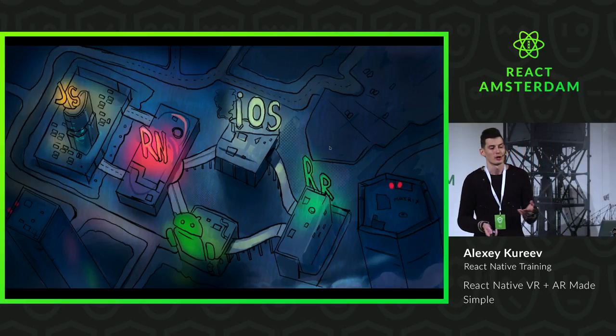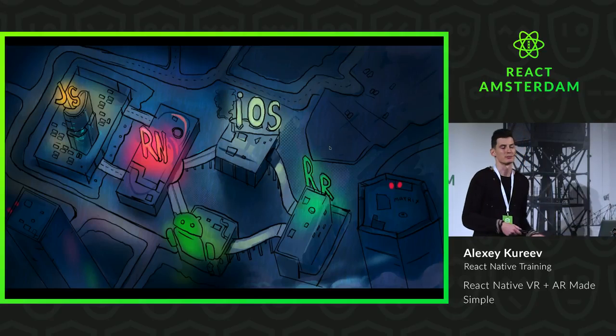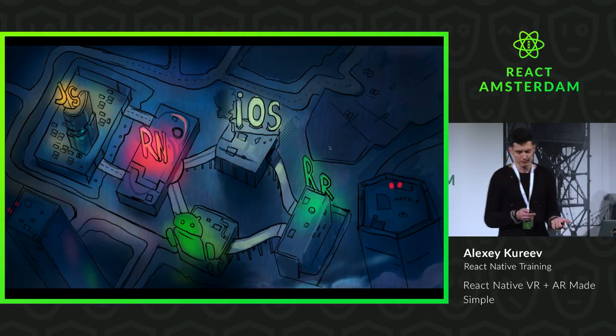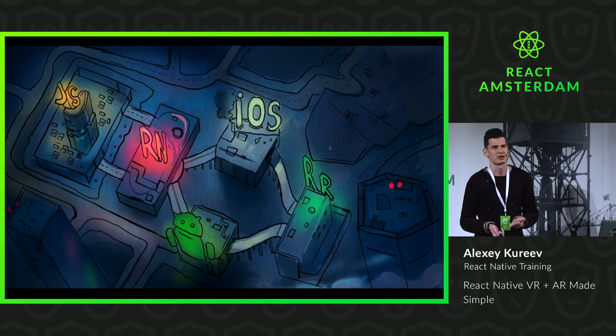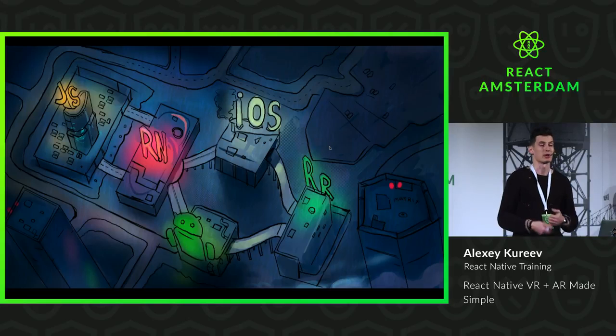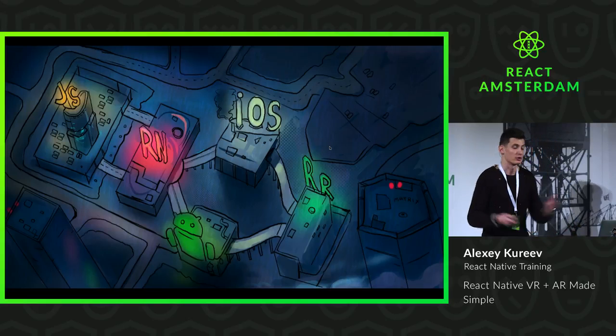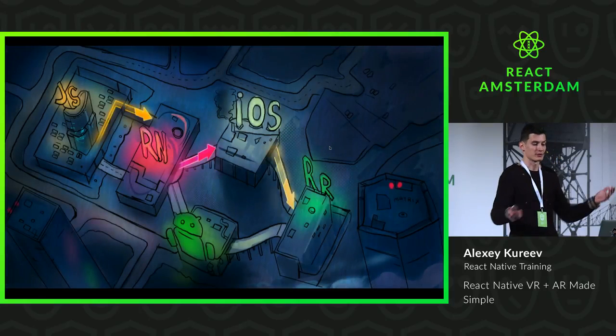For instance, XMLHttpRequest uses NSURLSession on iOS and the OkHttp library on Android. For WebSockets, I believe it uses NSStream on iOS and, again, the OkHttp library on Android. So if you're curious, you can look it up by yourself. Anyway, this is the flow of the request, as I already outlined.